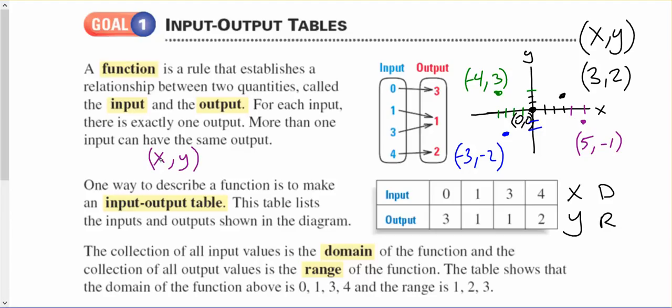For each input x there's only one y output, because inputs and outputs are x's and y's, just like domain and range are x's and y's. Now how I remember that is I comes before O in the alphabet, X comes before Y in the alphabet, and D comes before R in the alphabet.